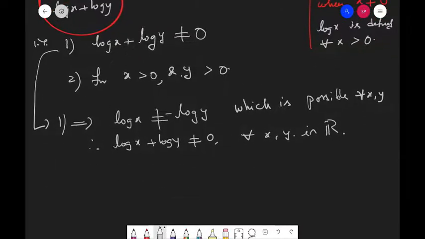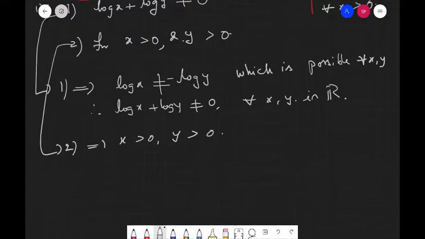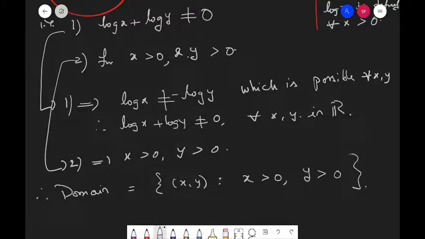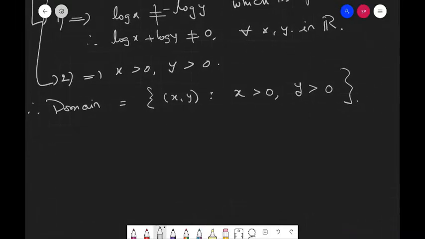And the second point is already, this implies we have x greater than 0, y greater than 0. So by observing this, therefore domain is equal to set containing all x comma y such that x greater than 0, y greater than 0. So what will the geometric or graphical representation if I take xy plane?